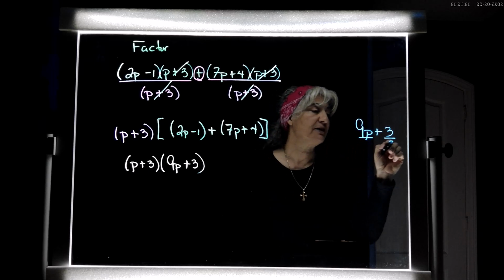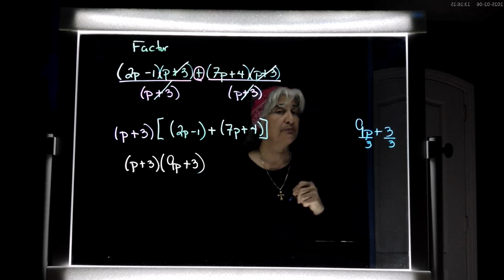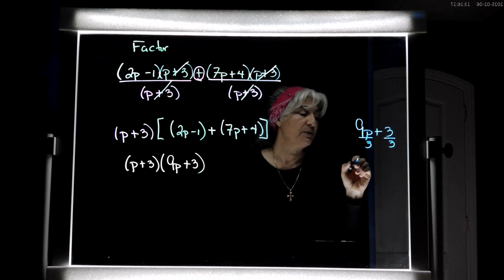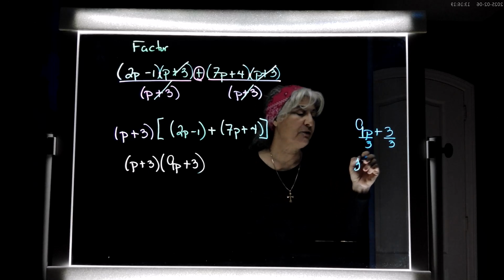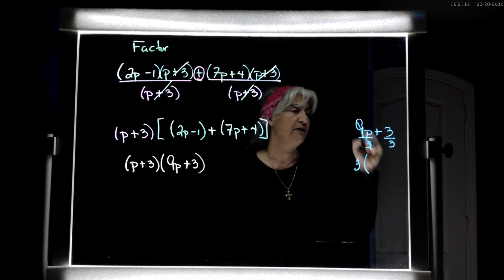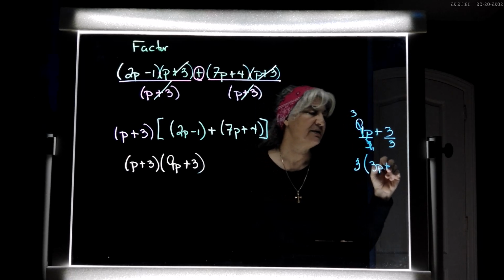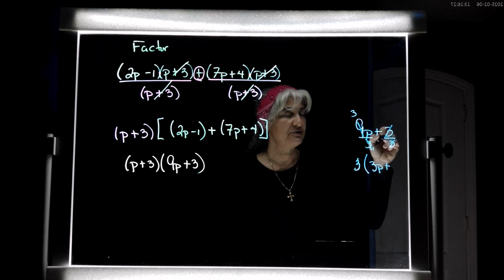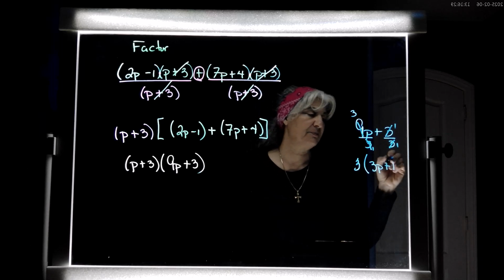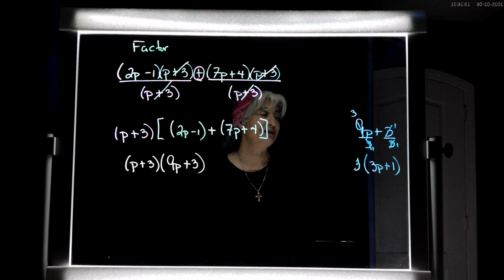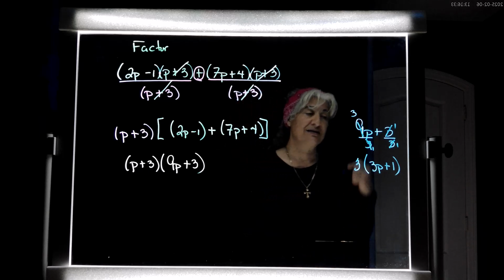Both terms can be divided by 3. So I'm going to divide both terms by 3, which means when I factor out the 3, I'm left with 3p plus 3 divides into itself one time. Don't say it cancels away. It doesn't cancel away. It's division.